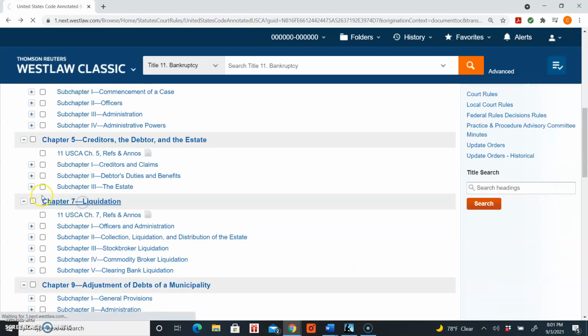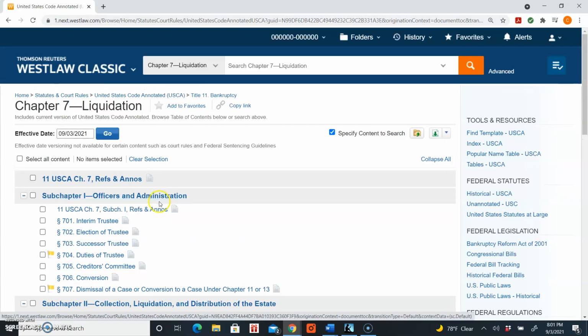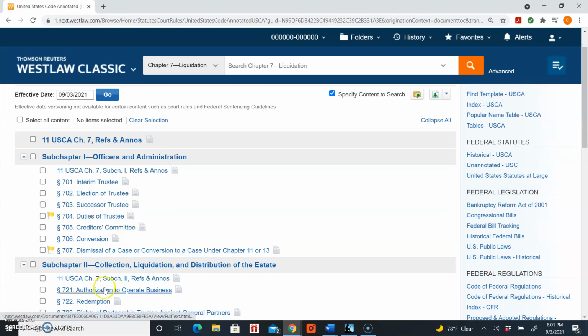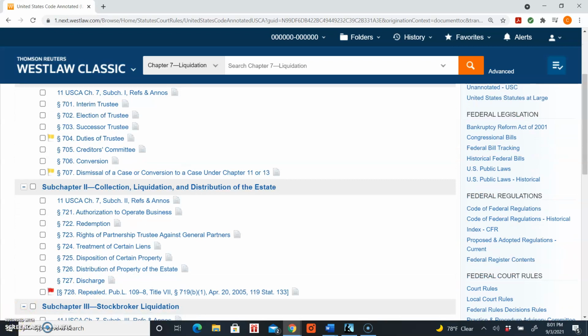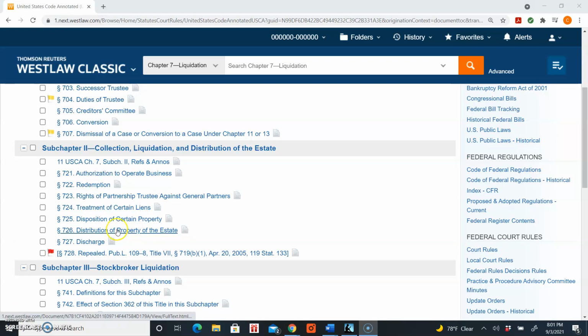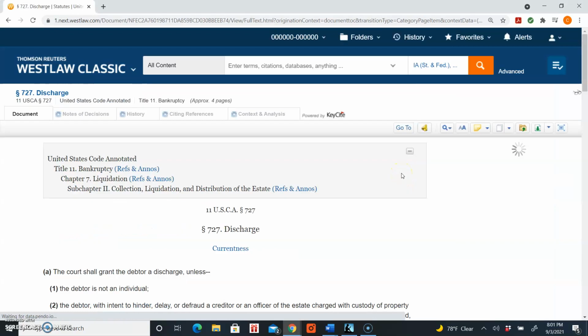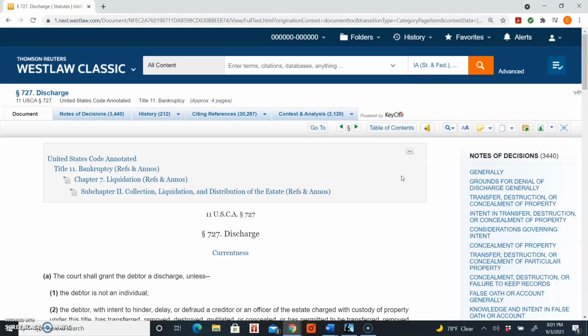Just go ahead and click it, liquidation. And the whole deal is supposed to find out essentially discharge. So here we see subchapter 2, section 727, discharge. That'll be the answer to where you can find the statutory provisions governing bankruptcy discharge in their particular case.